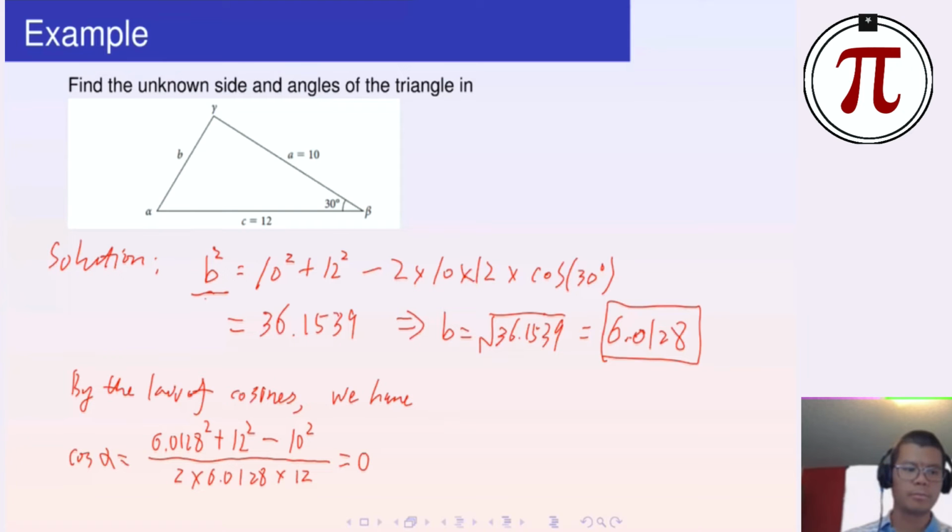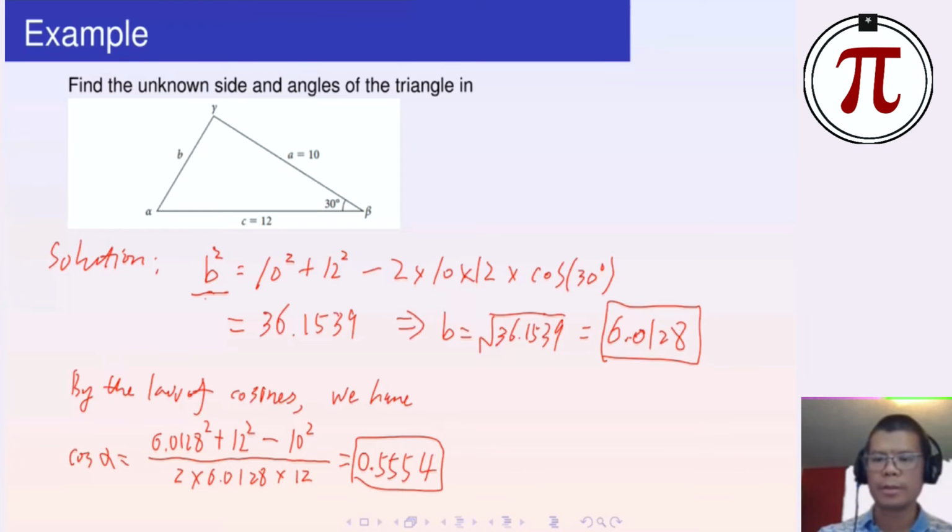Is it 0.5554? Yes. You got this? Okay, should be this 0.5554. That's the value of cosine alpha. Anybody got this one, or anybody got a different answer?